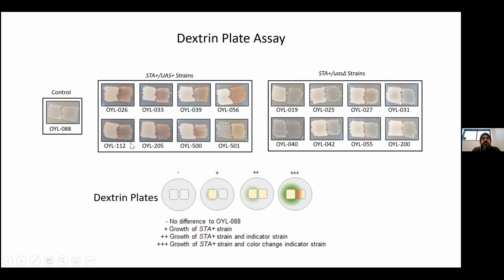Then you see a lot more variation on the side of strains that have the promoter broken, and you kind of saw that in the assays I showed you before. There's more of a spread of the diastatic activity with these, and you see that here too. Something like 027 seems to have a little more cross-feeding capability compared to something like 040.